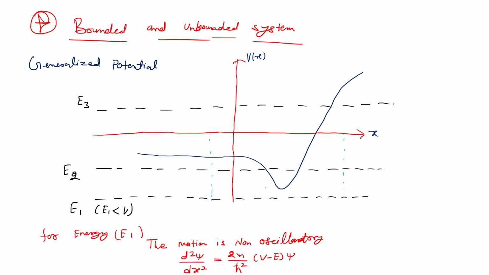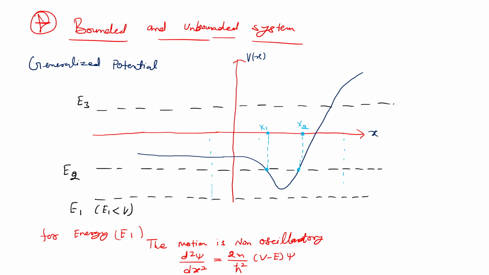So this will not make much sense. But if I take a particular region, suppose this point and suppose this point where energy and potential are equal, I will take this as x1 and this as x2 point.